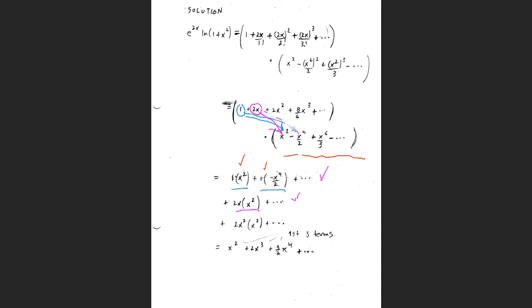Finally, I'm going to look at this 2x squared. 2x squared, I'm going to multiply it by this x squared. 2x squared times x squared. You see, that will ensure that all of the remaining terms here, an infinite number, and all of the remaining terms here, let me just double check it.